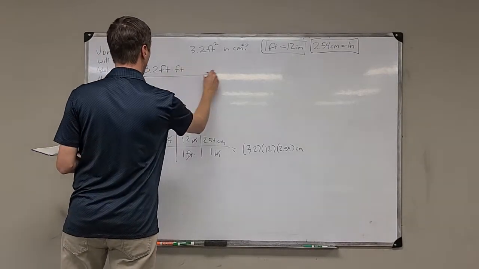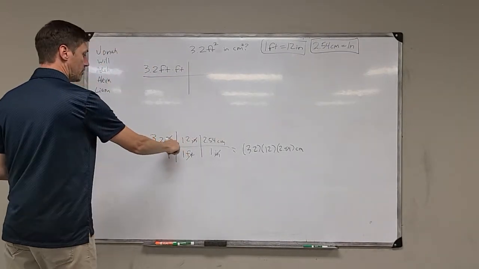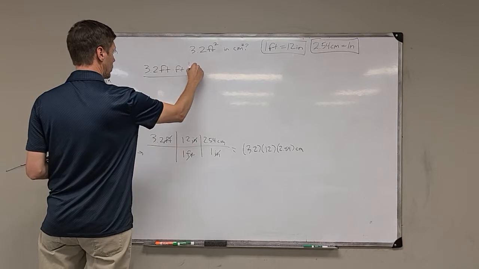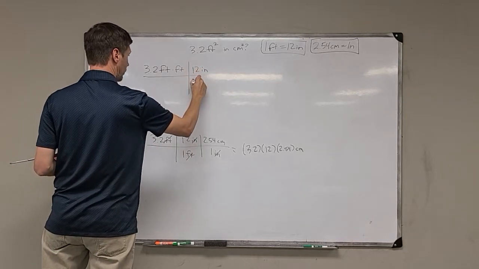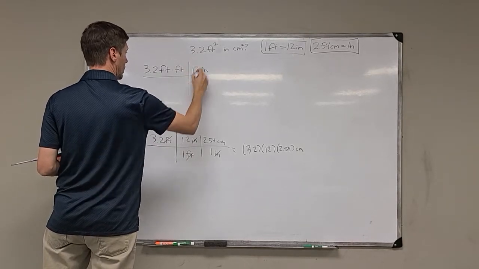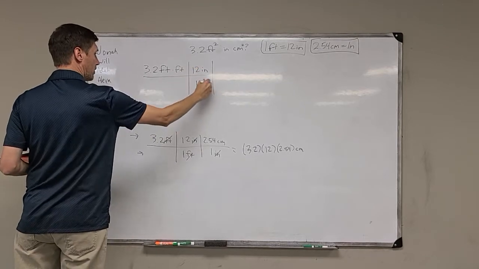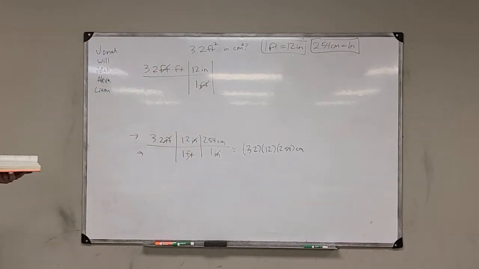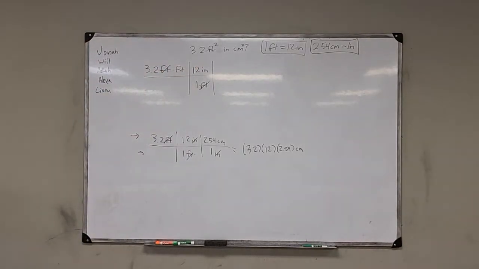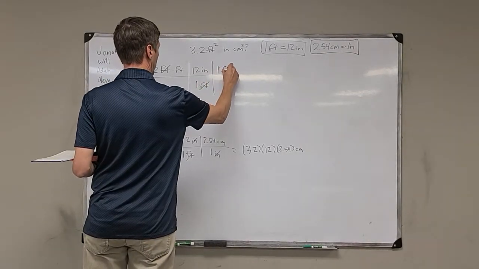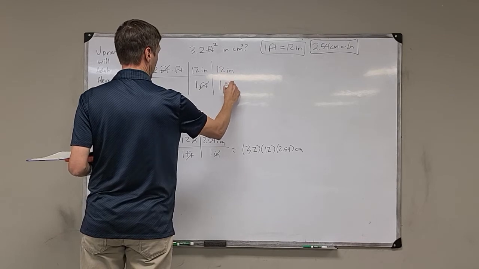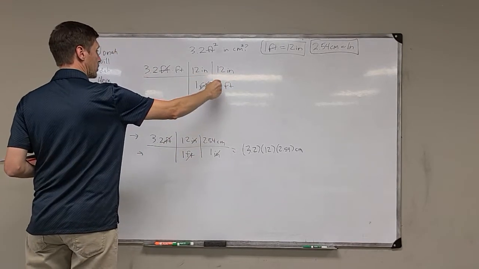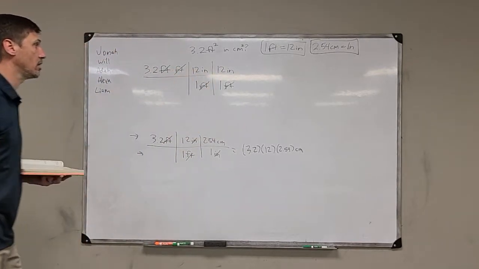And so if I want to get rid of my feet, I'm using the same conversion relationships here. I'm still saying that 12 inches equals 1 foot. But if that's all I have, all that cancels out is one of my foot units, right? I'm going to have this twice now. So I'm going to use this unit multiplier twice, and now I've gotten rid of all of my feet.